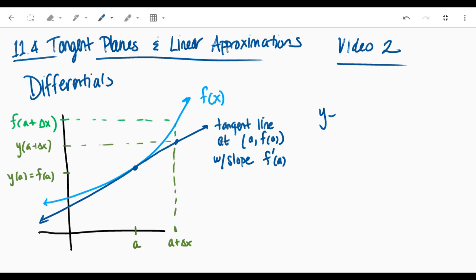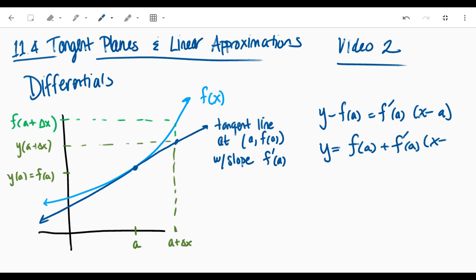It would be y minus f of A equals f prime of A times x minus A. Or we could rearrange it, y equals f of A plus f prime of A times x minus A.